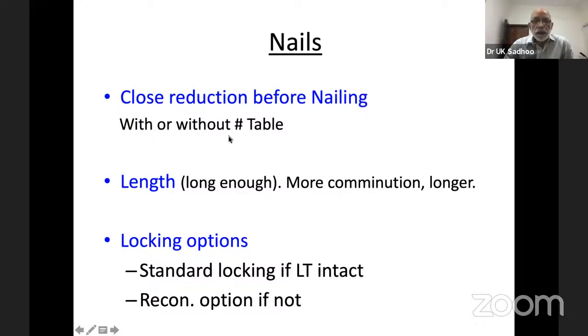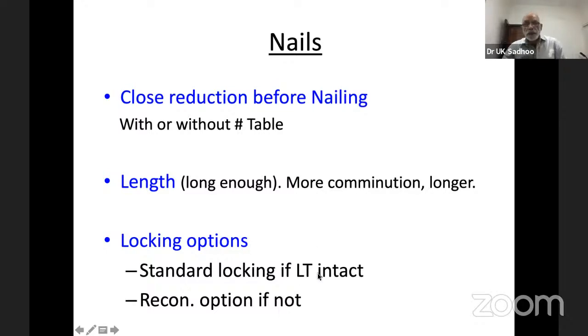This can be done with or without the fracture table. The length, as I've said, is long enough. The more comminution, the longer the implant. That is, the effective hold in the proximal and the distal fragment has to be pretty long to avoid the stresses in the area of the comminution.